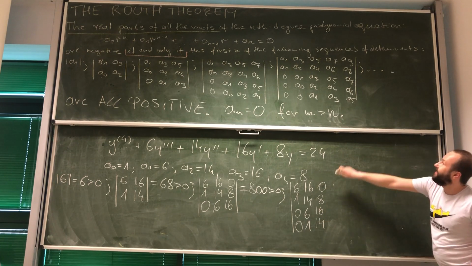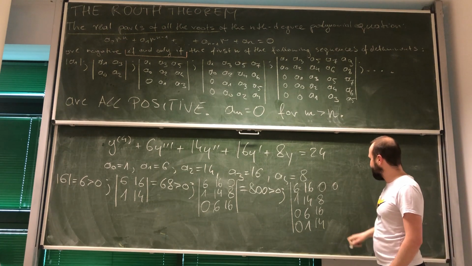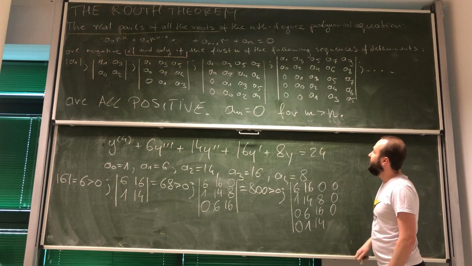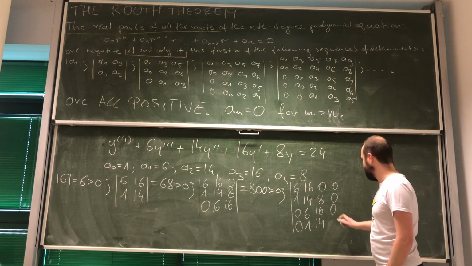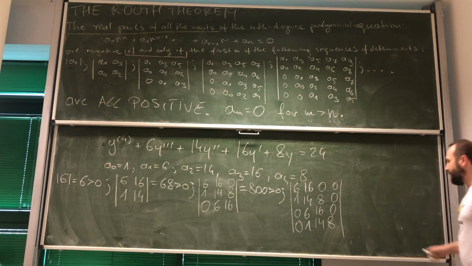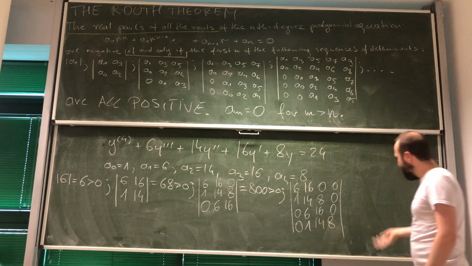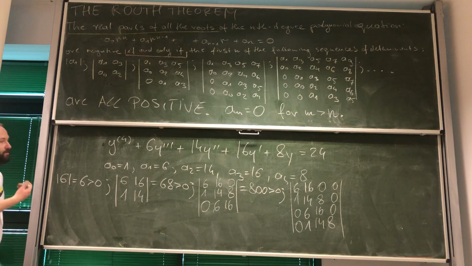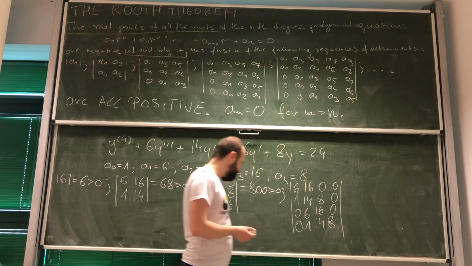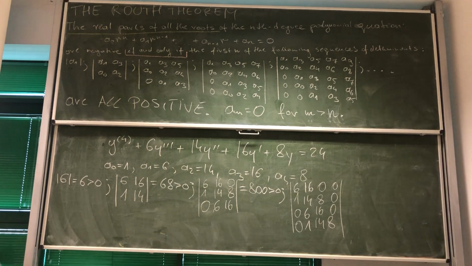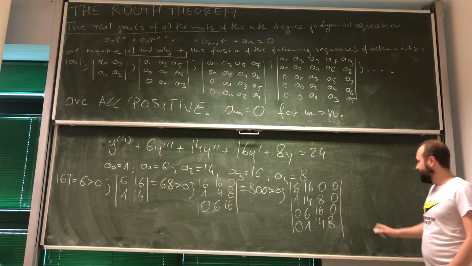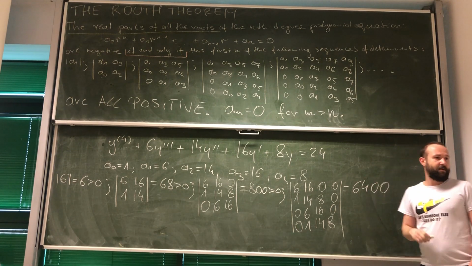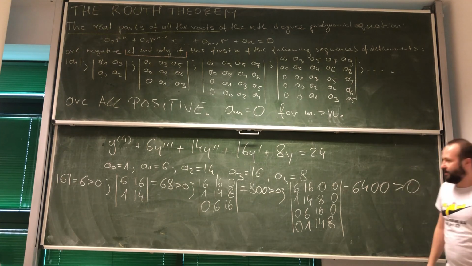Then we should have A7, again 0. A6, 0, and A5, 0, and then we've got A4, which is 8. And look, you should remember that zeros are your ally when you calculate determinants. So, of course, the more zeros, the better. And finally, if we calculate this determinant, it turns out it's equal to 6,400, which is again bigger than 0.